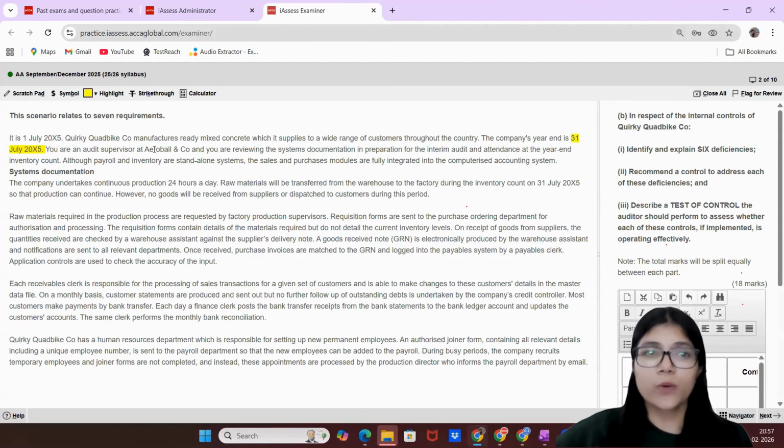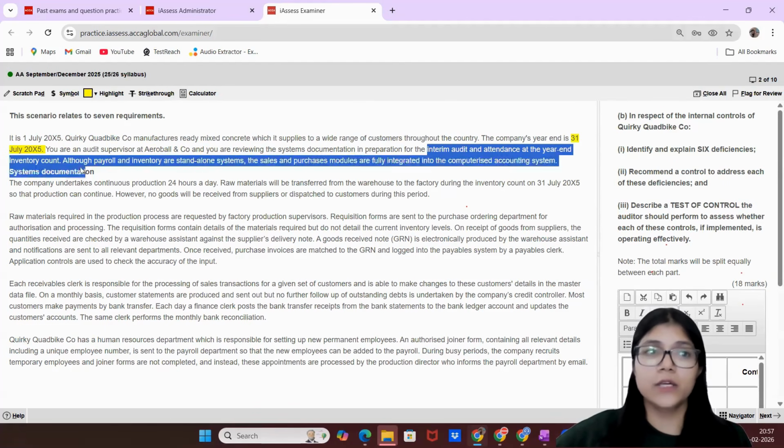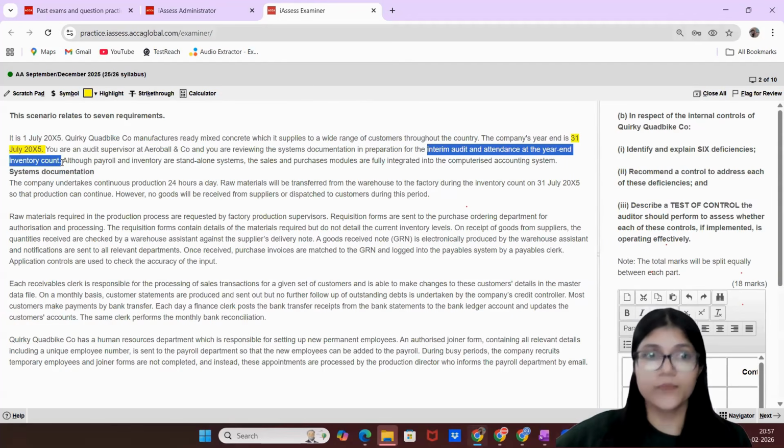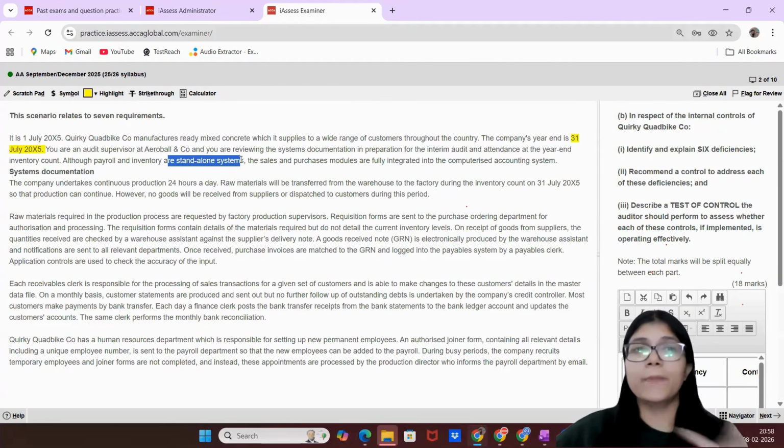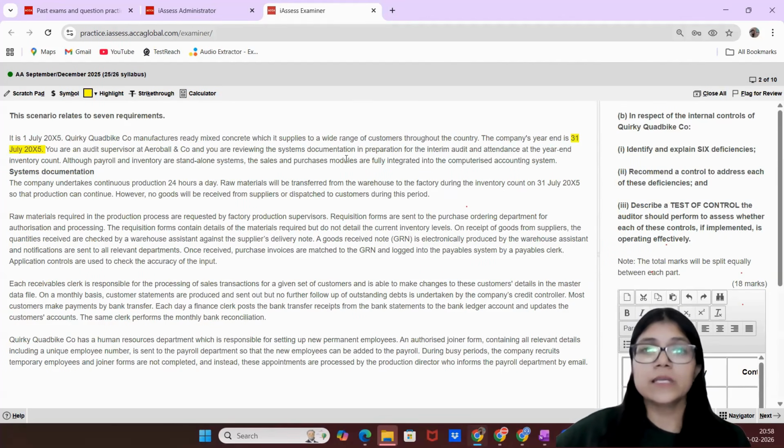You are an audit supervisor at a company and you are reviewing the systems documentation in preparation for interim audit and attendance at the year end inventory count. Although payroll and inventory are standalone services, standalone means separate services, the sales and purchases modules are fully integrated into the computerized accounting system. So, this was a normal background of the case study that they have provided to us.